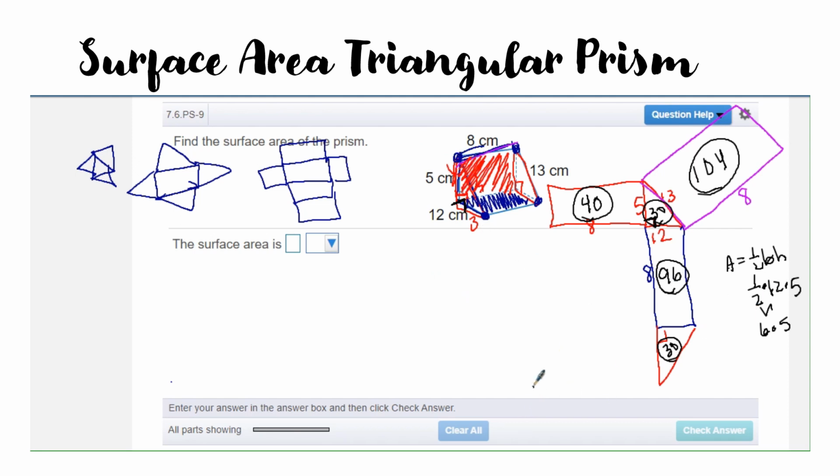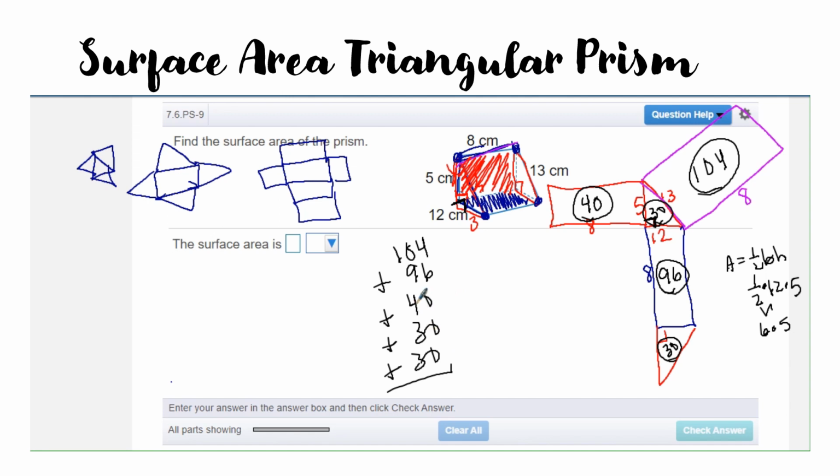So now I'm ready to find my surface area, which is the area of all of my surfaces. So I have 104 plus 96 plus 40 plus 30 plus 30. So this is going to be all of my faces, 1, 2, 3, 4, 5. Now I'm going to consolidate.